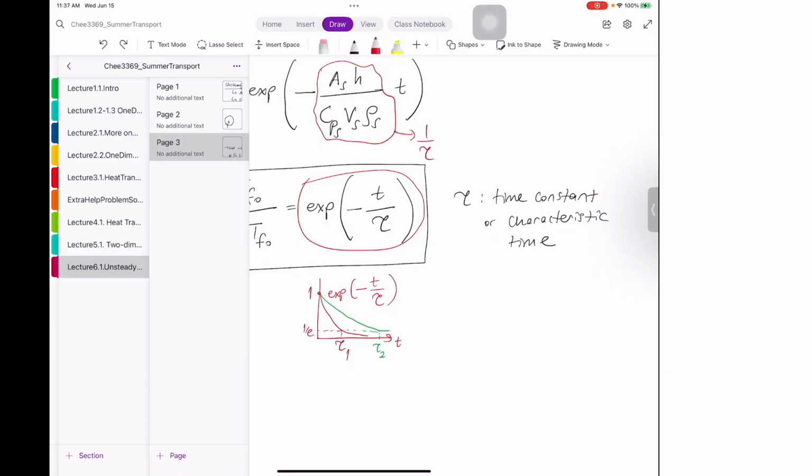For example, you can put this copper not in water but in some other fluid, and it's going to give you different dynamics. Or maybe you can use mercury droplets instead of copper, and you're going to get a different tau, and it's going to tell you how fast the system is going to cool down. Okay, so you can think about this tau as a time scale for heat loss too.